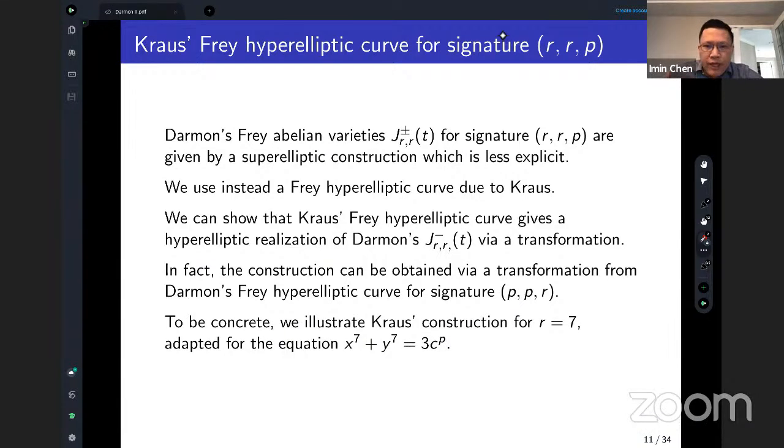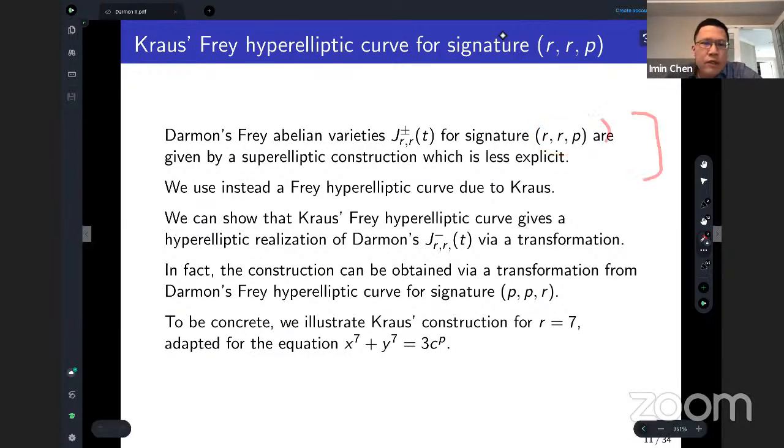And so in order to get into using the ideas from Darmon's program, let me introduce Kraus's Frey hyperelliptic curve for signature (r, r, p). As I mentioned, and as was mentioned in previous talks, Darmon introduced Frey abelian varieties for signature (r, r, p).